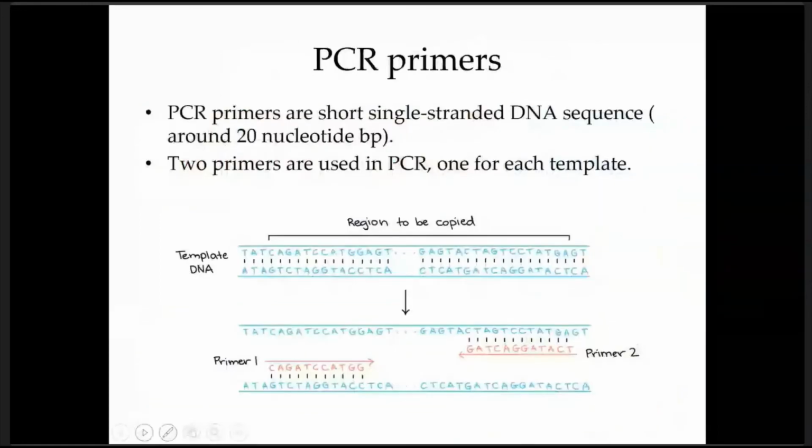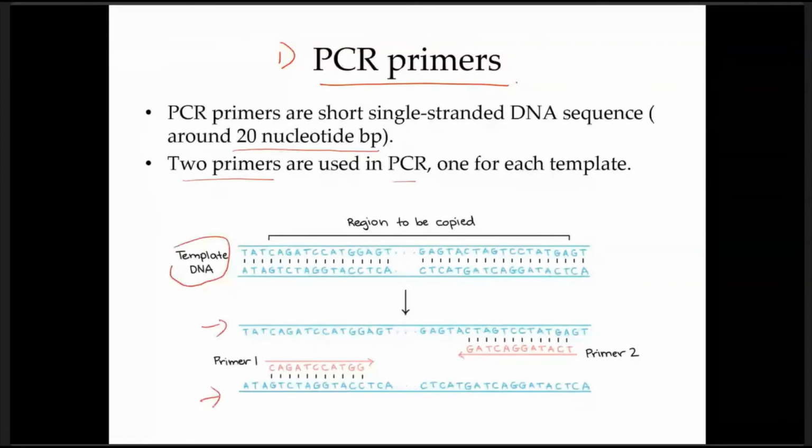So the first tool that you need is the primer here. Primers are short single-stranded DNA sequences of around 20 nucleotides. You need two primers. Two primers are used in PCR, one for each template. So you have your DNA sample, and then the DNA sample will be separated to become templates.